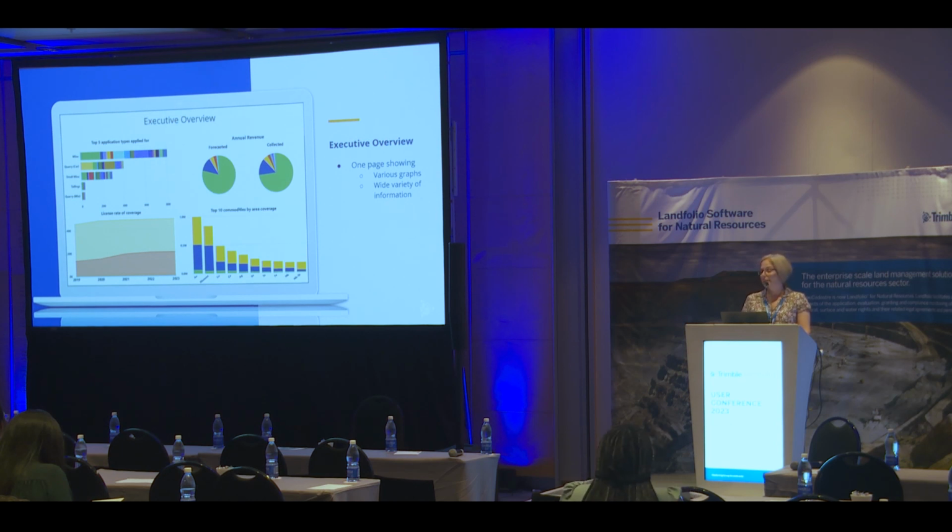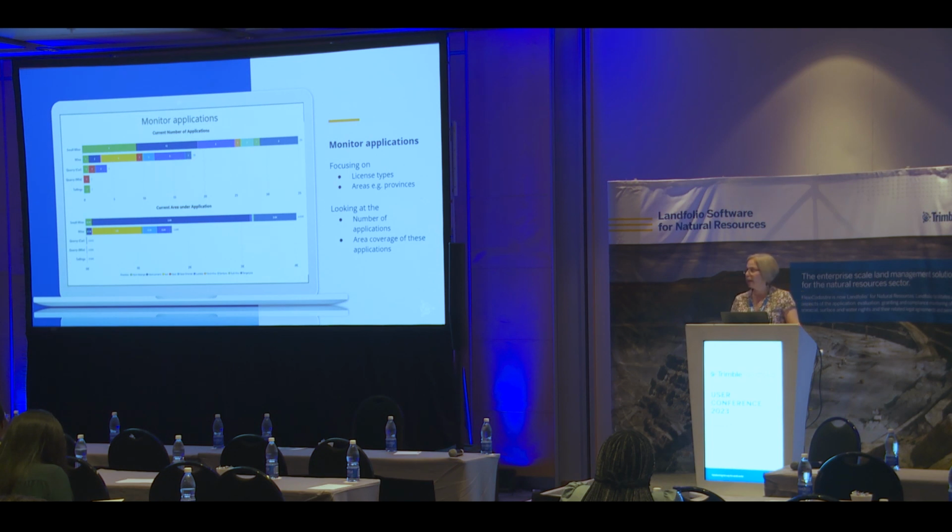We can also look at revenue collection, and production figures. And graphs make it very easy to quickly pick up trends or discrepancies or areas that need to be looked into. So let's start by looking at these graphs to monitor your applications.